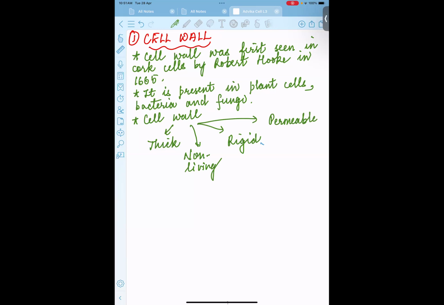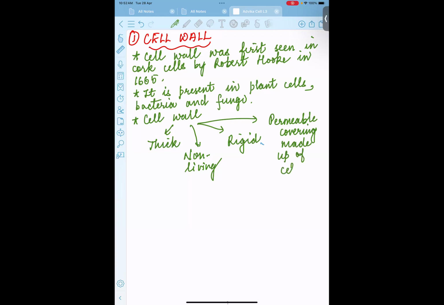Permeable means it allows the substances to move inside or outside through them. So they have the permeable covering, which is made up of the cellulose.